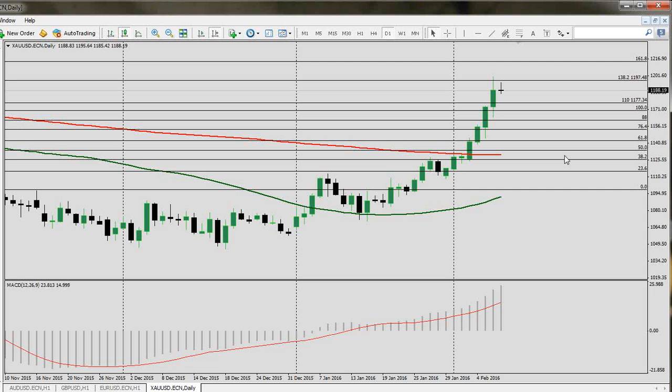Whenever we see the pair reaching the 1,222 or 1,216 level, that will be a very good opportunity for us to go against the trend, but of course cautiously, and look for the best opportunity for shorting this tradable instrument.